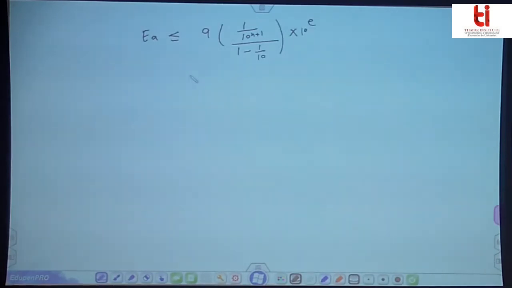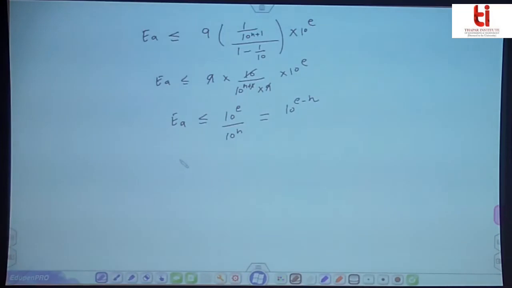So the absolute error is less than or equal to 9 into 10 upon 9 into 10 raised to power n plus 1, times 10 raised to power e. The 10 is cancelled, 9 is cancelled. So E(a) is less than or equal to 10 raised to power e upon 10 raised to power n, which is equal to 10 raised to power e minus n.